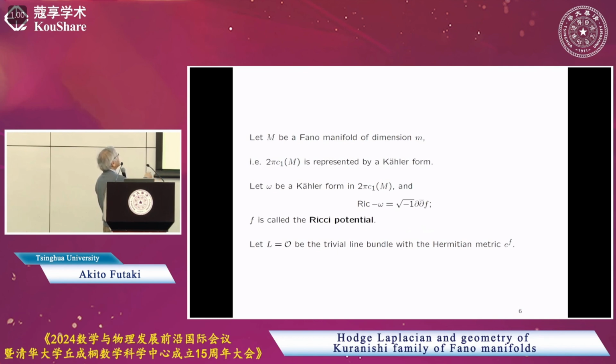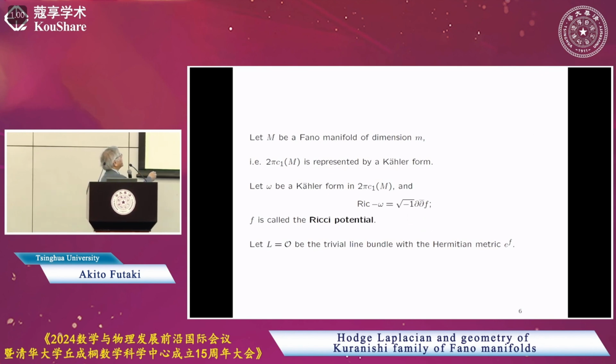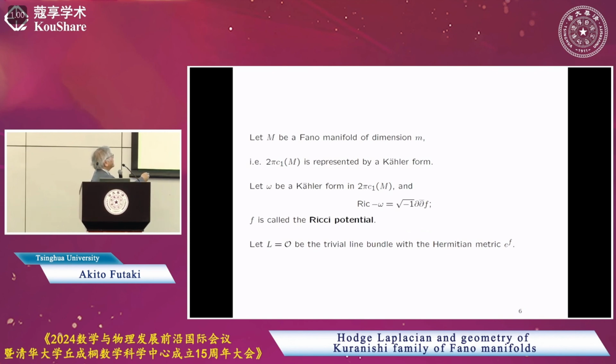So I consider this as a space of Kähler metrics, and we pick a Kähler metric. I identify metric and Kähler form, so omega, I choose a Kähler form, but sometimes I call it metric or form. And this Kähler form is a positive form. And then by Chern-Weil theory the Ricci form also represents the first Chern class.